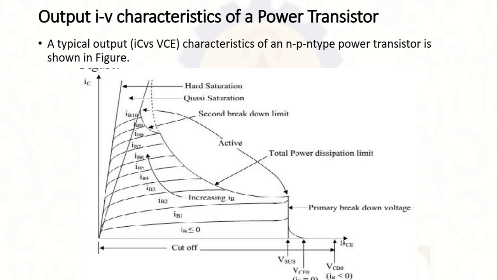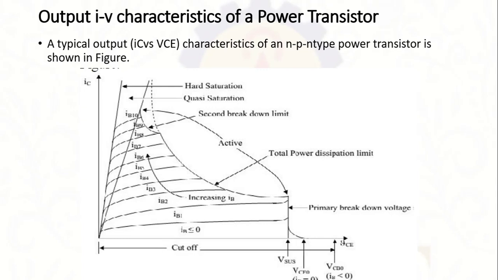Current filaments are localized areas of very high current density. That is, very high current flows through certain points or regions in the semiconductor device. Once the current filaments are formed, there will be localized thermal runaway in that region, and the device will be destroyed.